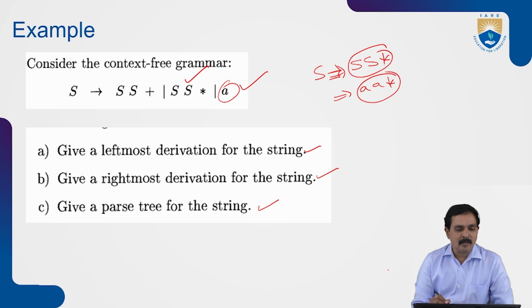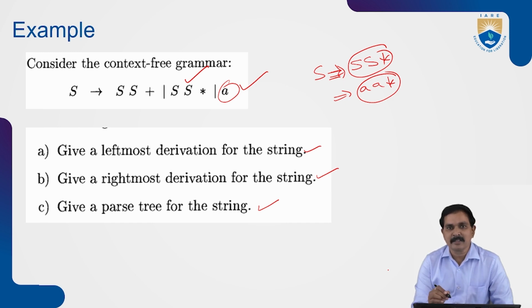Means here the grammar is provided. Of course, here the input string is not given. Maybe you are assuming some input string. For obtaining that input string, you apply different production rules in some sequence for LMD and also for RMD, and you can represent both LMD and RMD in terms of a graphical representation.